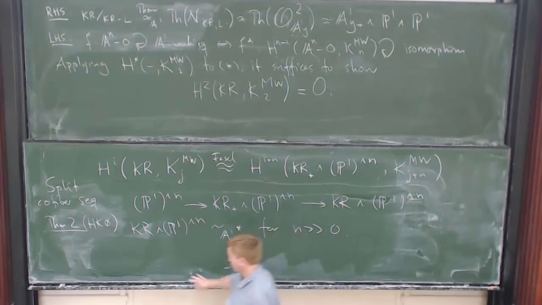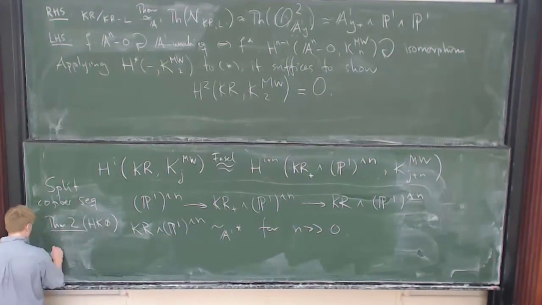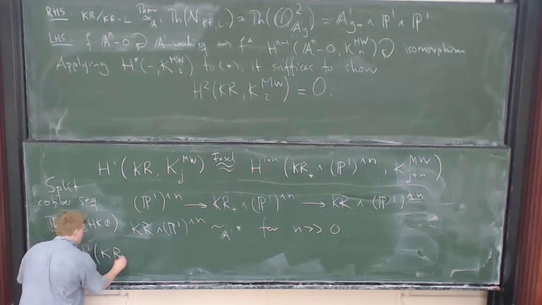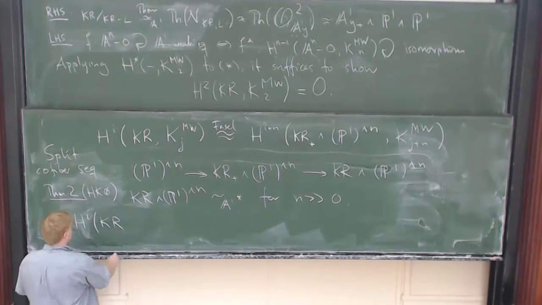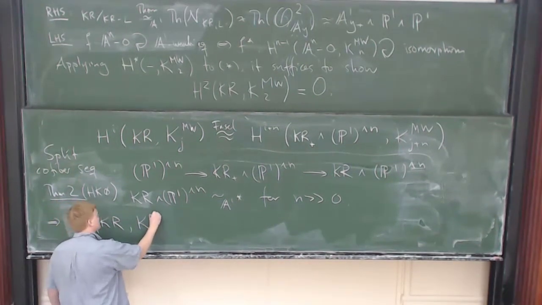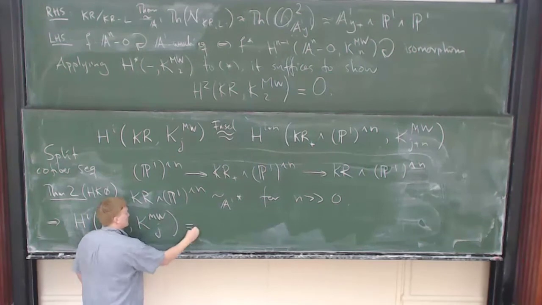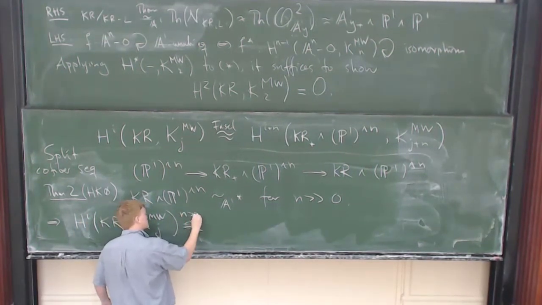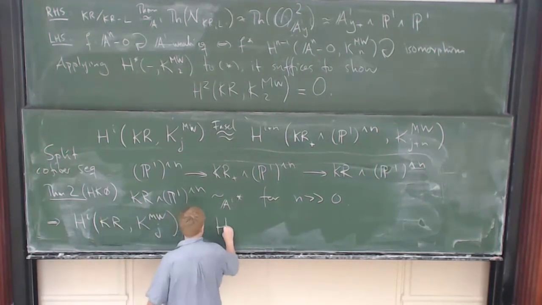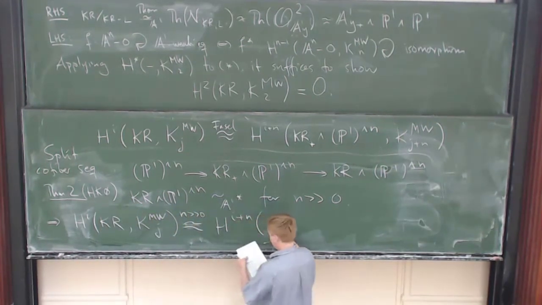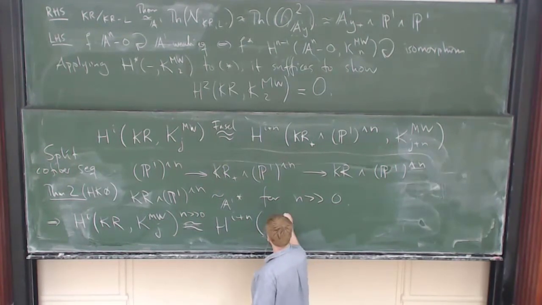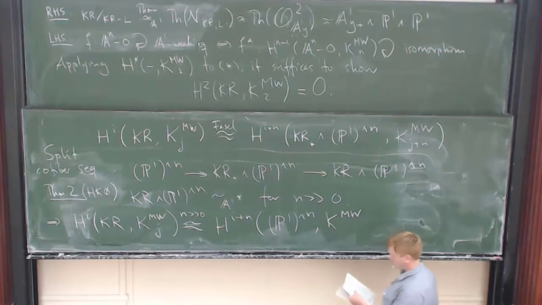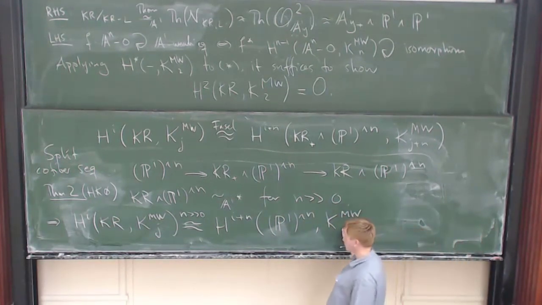So given the input of theorem 2, what we learn is that H^i of K_r, now with coefficients in H Milnor-Witt j, will be isomorphic, if n is large enough, to H^(i+n) of K_r smashed with P1 itself n times, coefficients in this Milnor-Witt sheaf in degree j plus n.